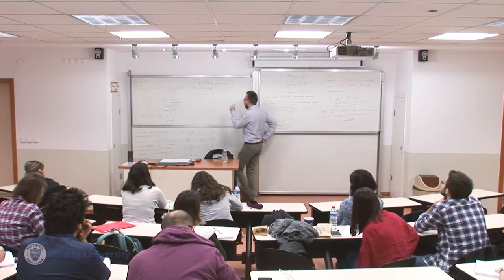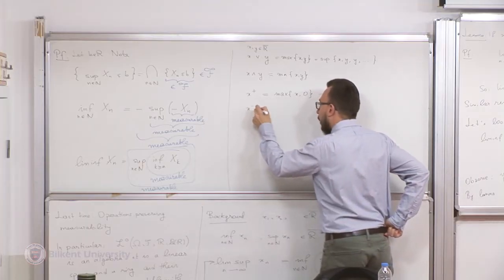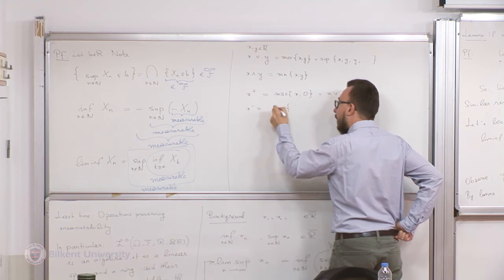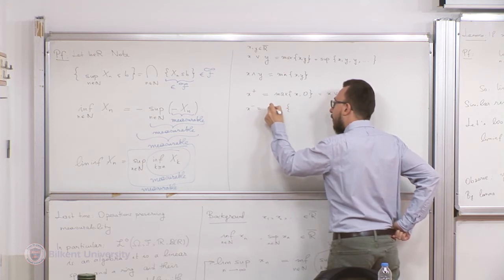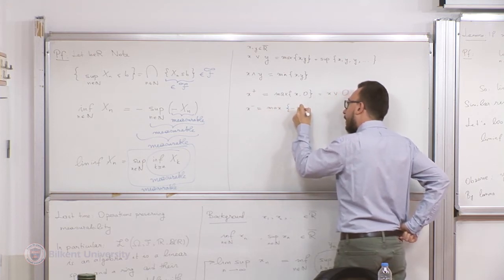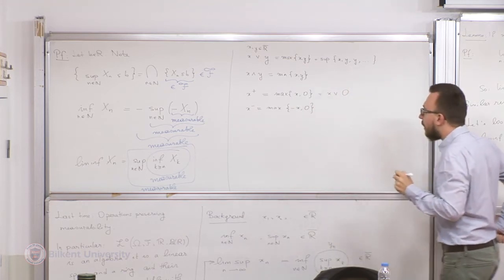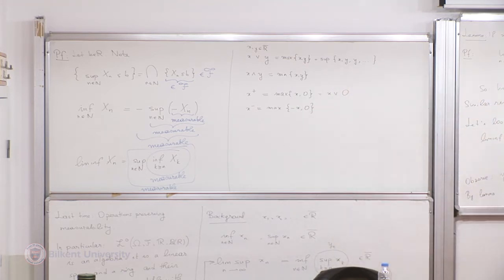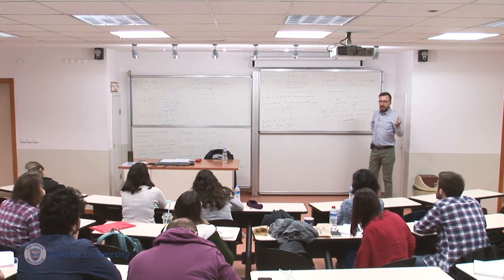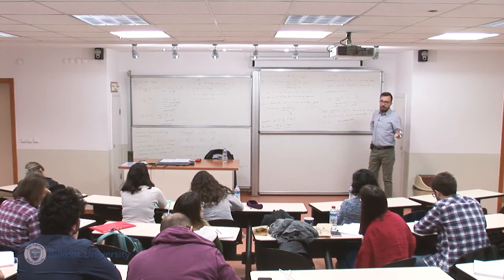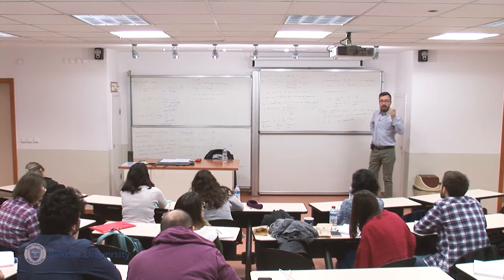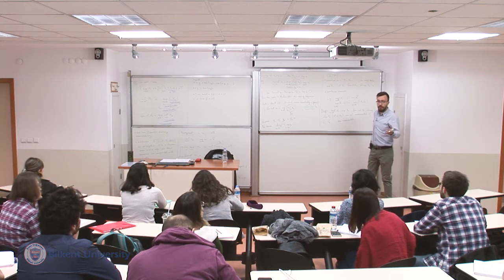And similarly, you can talk about the negative part of a number. So if x is minus 5, then minus x is 5. Maximum of 5 and 0 is 5. Therefore, you get the negative part of it. So the negative part of a negative number is its absolute value.